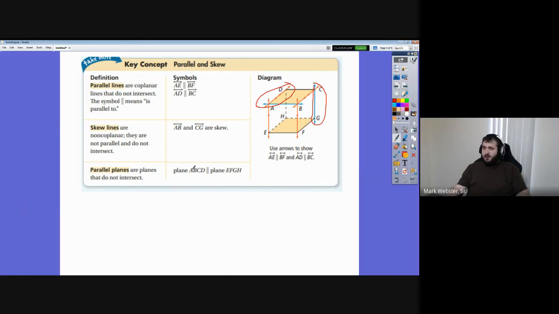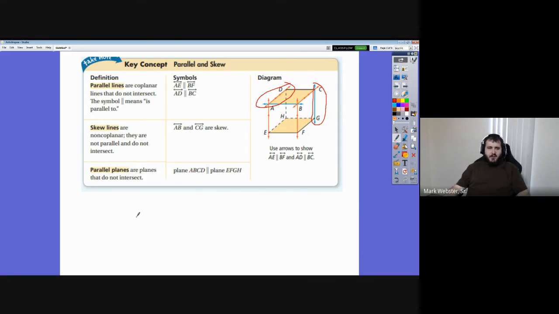Now, we can't have skew planes because you don't have enough room to make the two planes off kilter from each other and never touch. Because remember, planes go out to infinity, so you can't have one up here and one sideways like this because then it goes up and it hits, right?